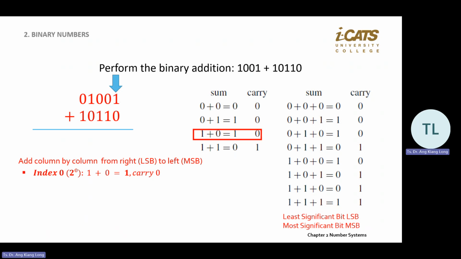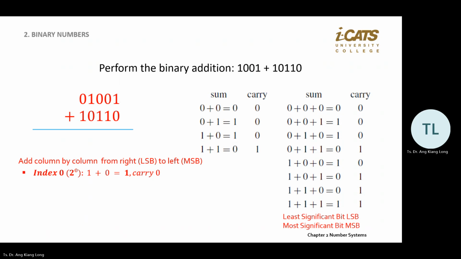Then you continue to the second one. Second one will be 0, 1. You write out index 1, 2 power 1. 0 plus 1 equals 0, carry 0.